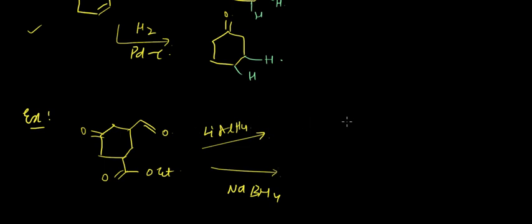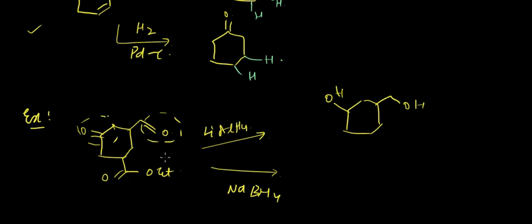LiAlH4 will reduce everything. Okay, it's a very good reducing agent. So what will happen is OH at this position, then we'll be getting OH at this position. Okay, then what would be the reduced form of ester? Again alcohol plus obviously EtOH from the leaving group. It will also reduce the leaving group.